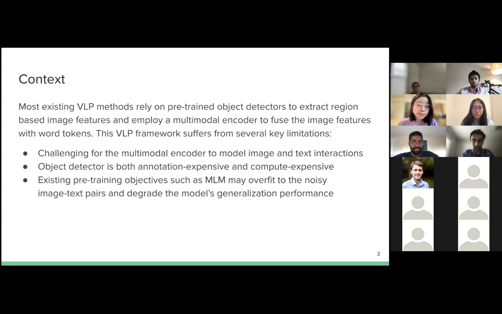And last but not least, existing pre-training objectives such as masked language modeling may overfit to noisy image text pairs, because currently a lot of the most popular pre-training methods use data crawled from the web. So sometimes these image text pairs might not correlate very well. This can degrade our model's generalization performance on unseen data pairs in the future.